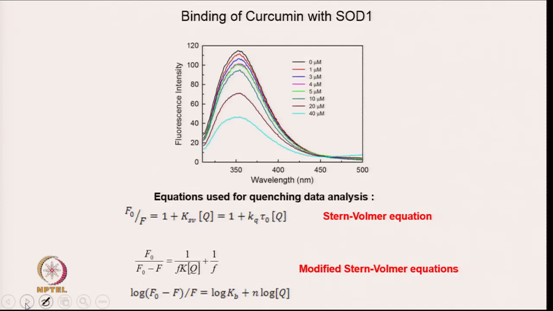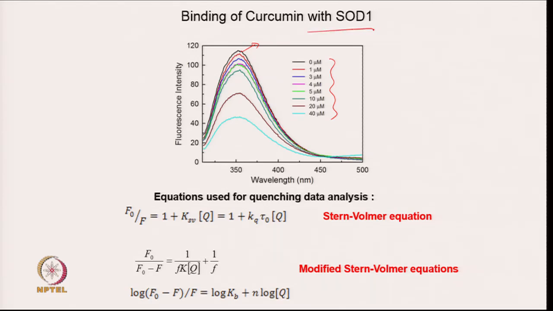There is another example where we have looked at how curcumin binds with a protein called superoxide dismutase 1. So, here is the spectra. Here is pure curcumin, and it is now titrated with SOD1. What we are looking at is how the fluorescence signal from curcumin changes when we add SOD1.